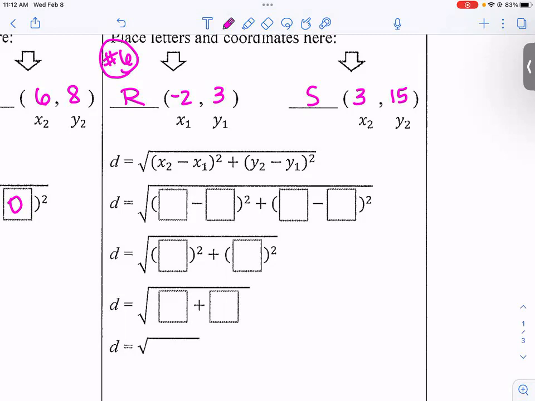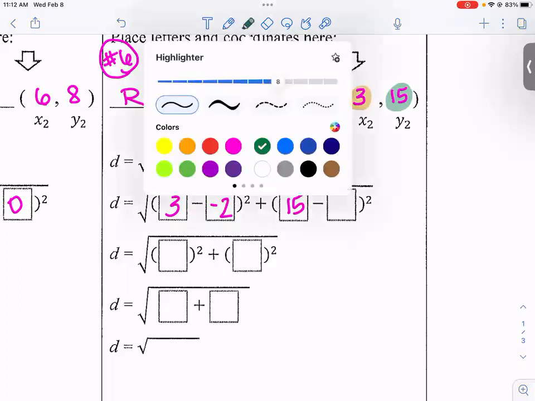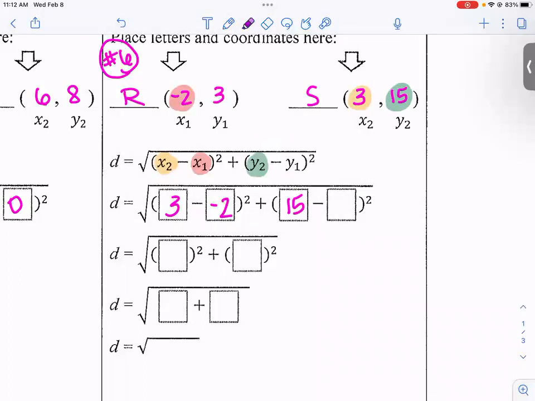All right, so I'm going to fill in. X2 is 3. X1 is negative 2. Y2 is 15. Y1 is 3.